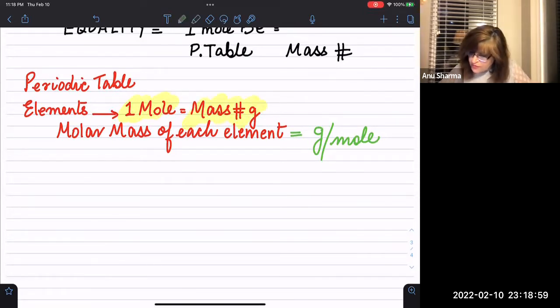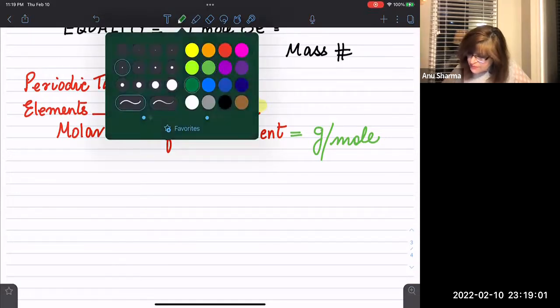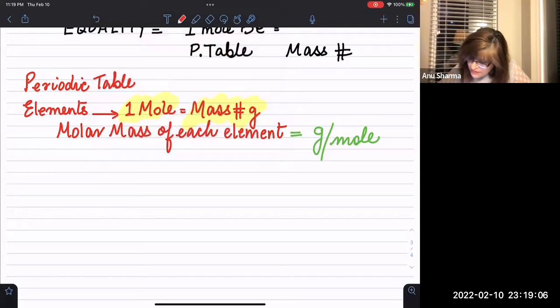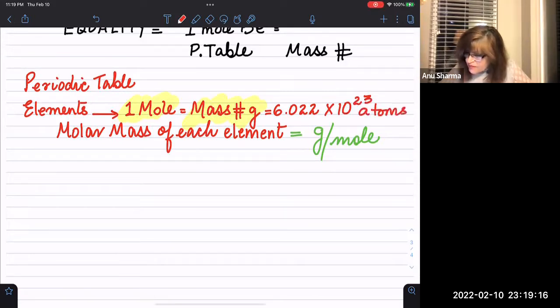All of them contain 6.022 times 10 to the power 23 atoms. So the information in the periodic table is about 1 mole of every element: the molar mass, which contains 6.022 times 10 to the power 23 atoms of that element, in grams per mole.